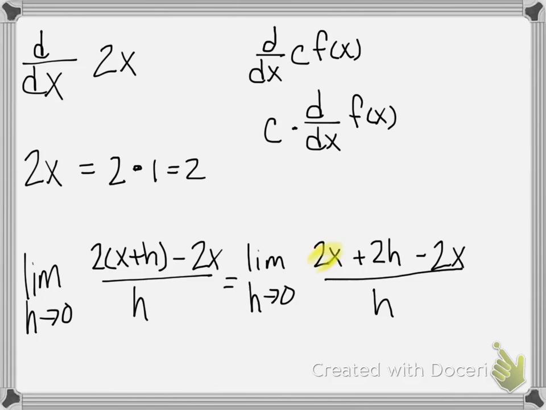Well, you can see that the plus 2x and minus 2x are going to cancel. And so that would just leave us with 2h over h. And the h's will cancel, which is just going to leave us with 2. So that's how that goes.